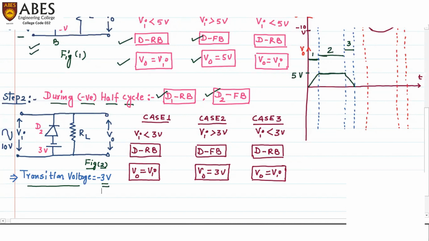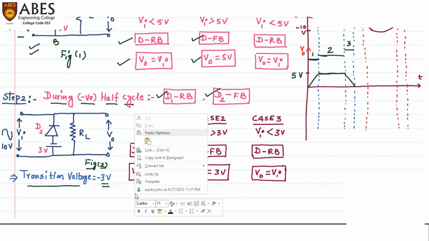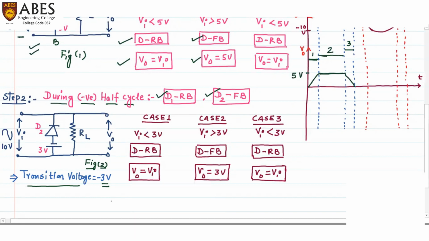Now, we need to check whether this transition voltage will be positive or negative. In my earlier videos, I have already told that in all the numericals of parallel clipper, the battery will be connected in two ways.